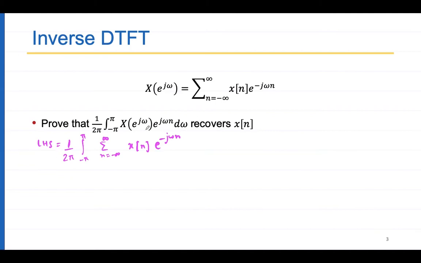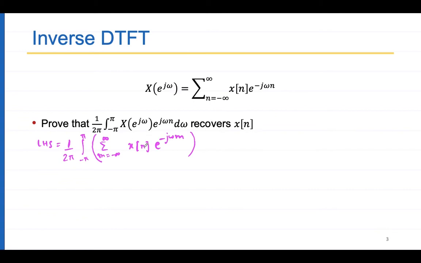Now notice that this n and the n which we are using as a dummy variable for summation are different, so it's wise to use m or some other notation to distinguish. Let us use m.